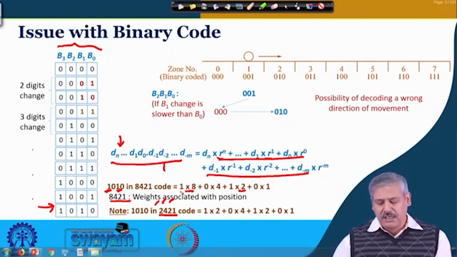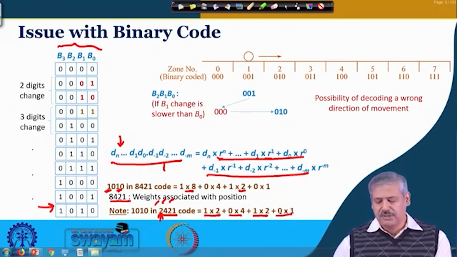And for 1010, if we are using 2421 code, what will be the value? The 1 in the B3 place will have value 2, then there is a 0, then there is a 2 for this particular one, and then there is a 0.